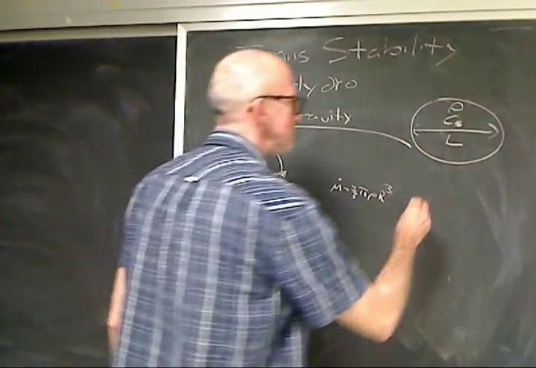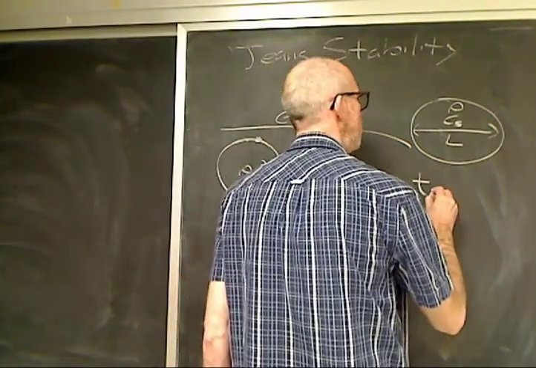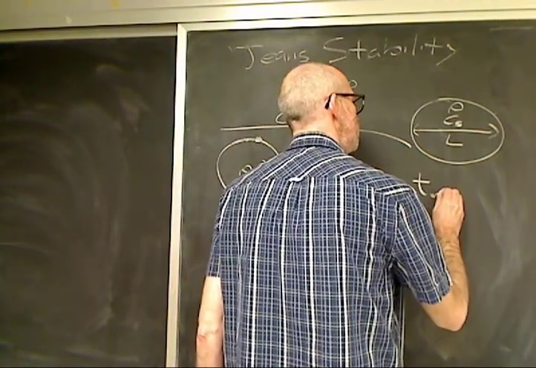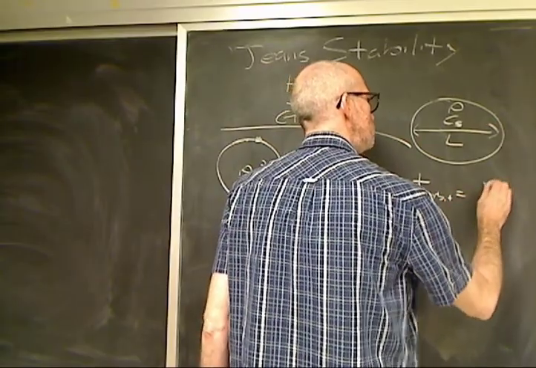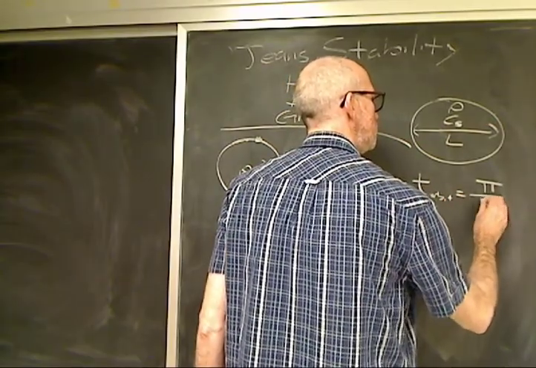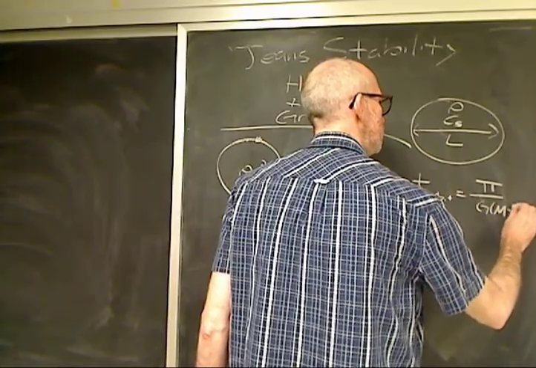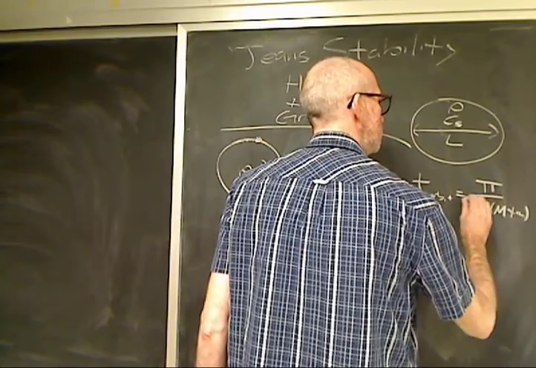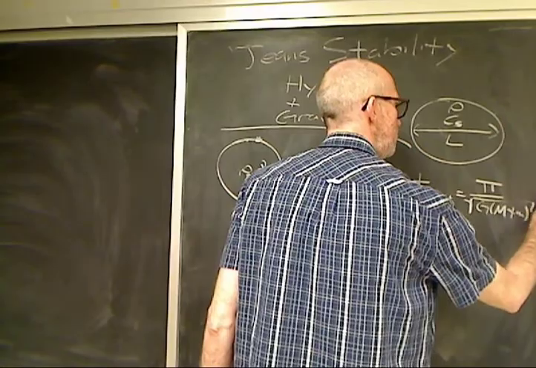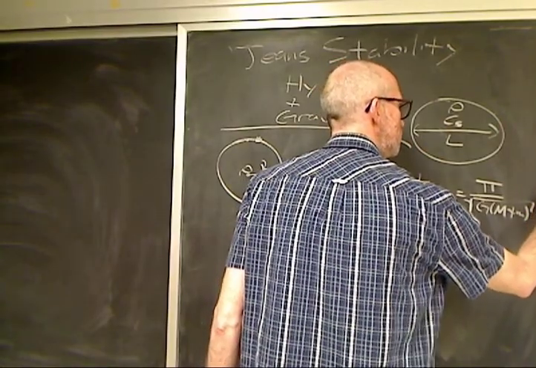So Kepler says, and this is the thing that I forgot to write down that I always screw up a pi, T orbit equals pi over G times M plus m, square root of that, times the radius to the 3/2.